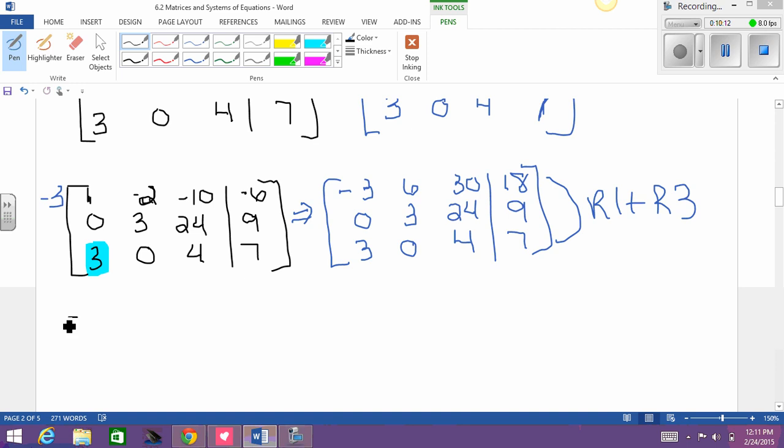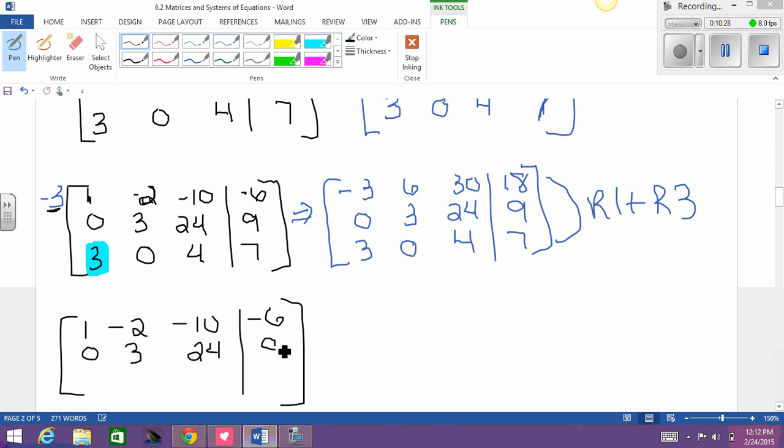So when I add together row 1 and row 3, remember that first one, the original one that I messed with, is going to revert back: 1, negative 2, negative 10, negative 6. We didn't do anything with the second row. We put that back.